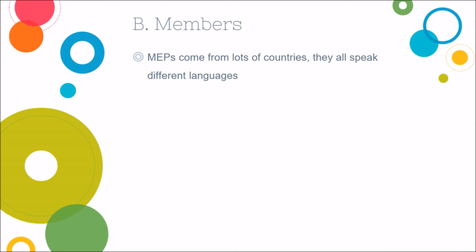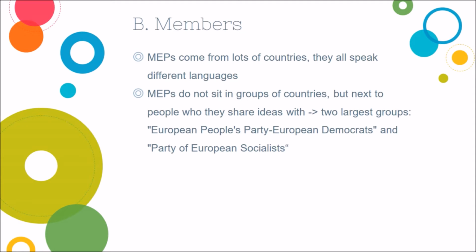Members of the EP, or MEPs, come from lots of countries, so they all speak different languages. Unlike other international groups of politicians, MEPs do not sit in groups of countries, but they sit next to people who they share ideas with. The 2 largest groups are the European People's Party, European Democrats, and the Party of European Socialists. These groups work together to agree and try to make a law.